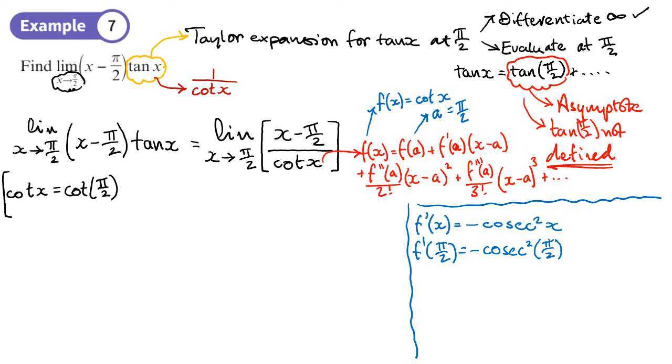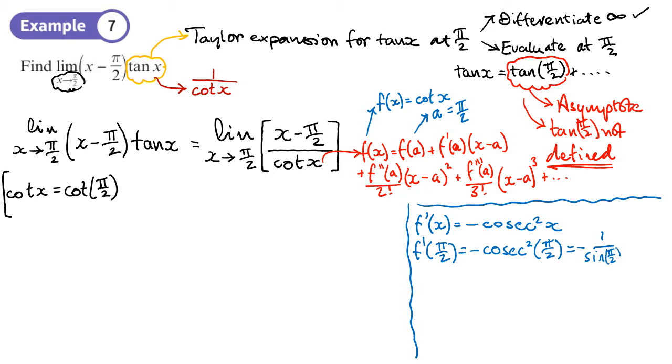Obviously there's no pi over 2 button, so we'll just do negative 1 over sine squared. This is what we'll put on our calculator.